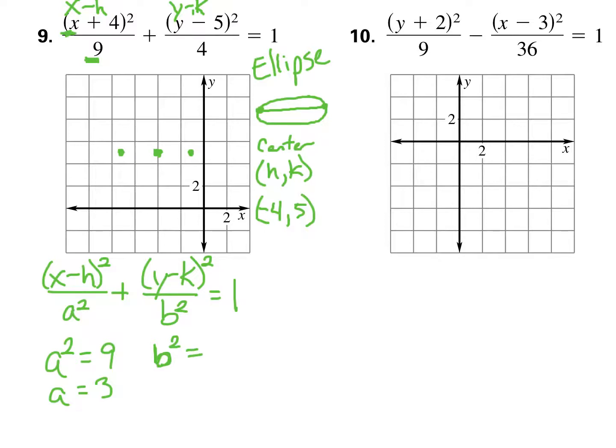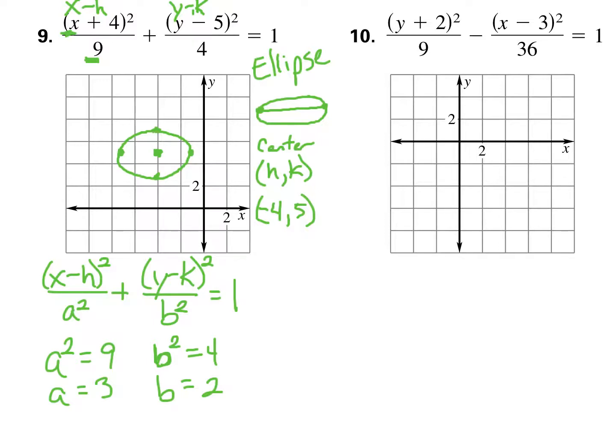So since b squared is equal to 4, b is equal to 2, and I go 2 units up and 2 units down. And this gives me enough information to then draw my ellipse. It's been stretched only slightly in the x direction. So my circle's only been squished a little bit.